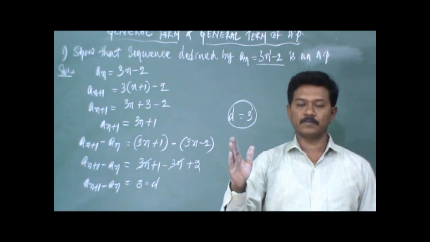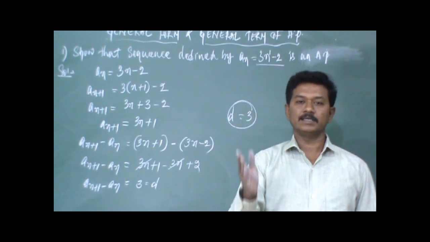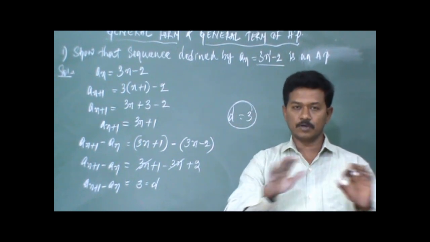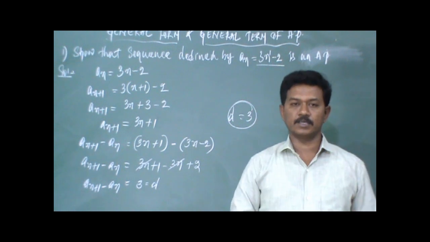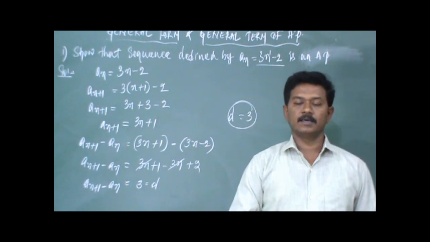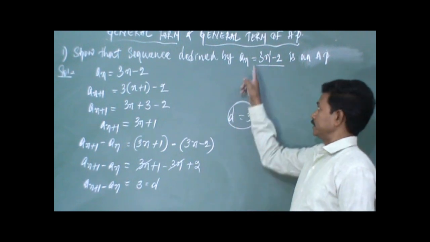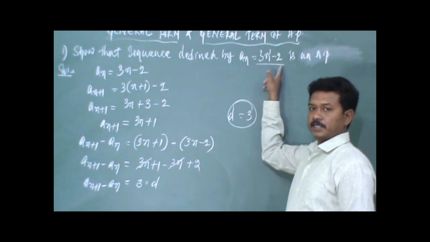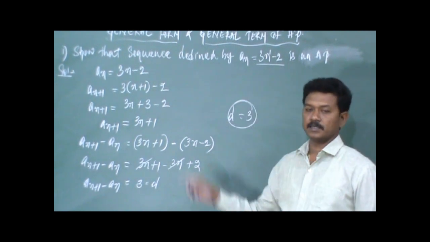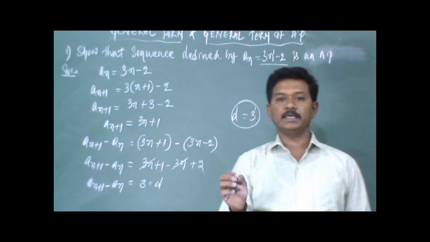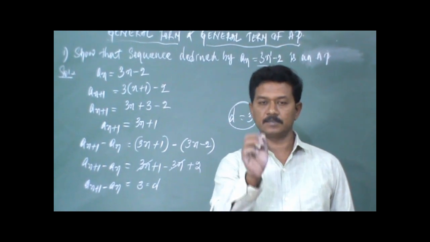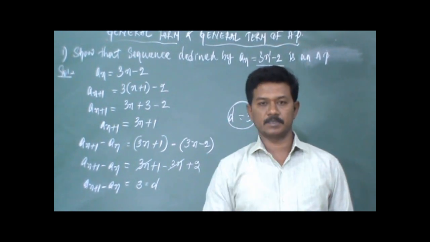If the nth term of a given sequence is a linear expression, no doubt in that, don't think anything, just directly announce that that sequence is an AP. So if the nth term of a given sequence is in the linear form, 100% the given sequence will be an AP. This is a very important concept, please remember this.